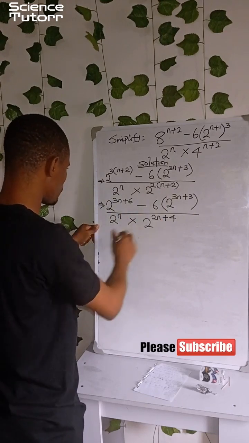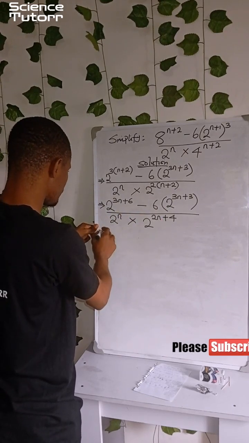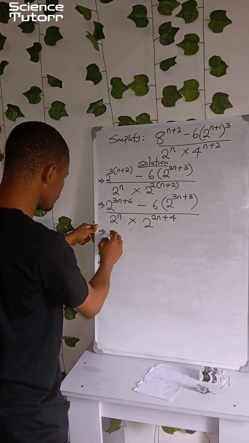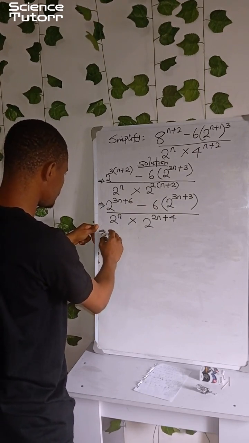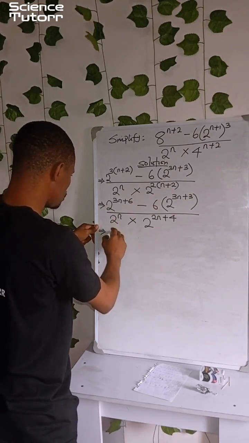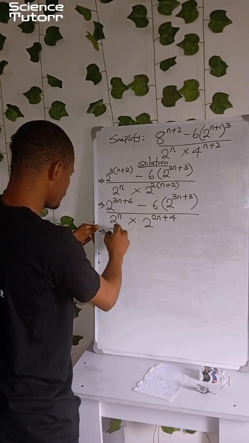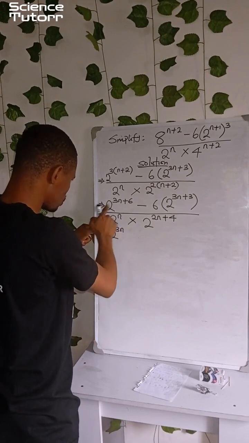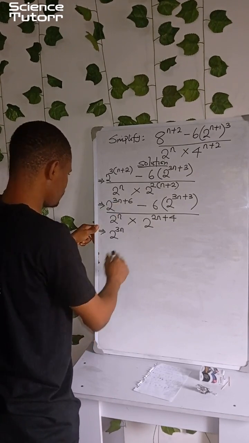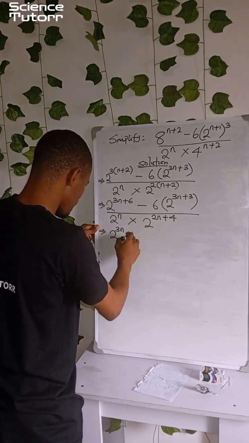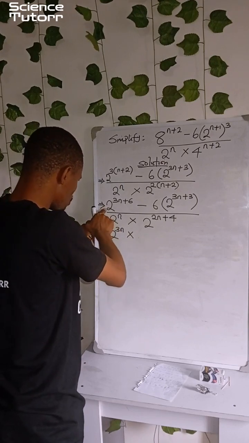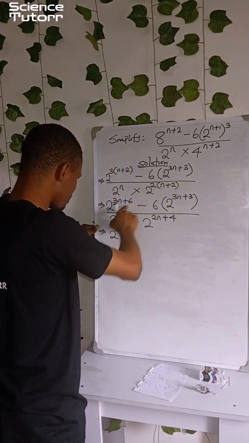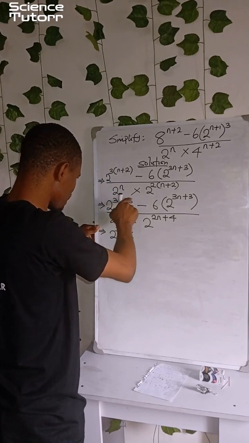Starting with the numerator, I can expatiate by saying 2 raised to power 3n times 2 raised to power 6, because this 2 is the base and these are the power.